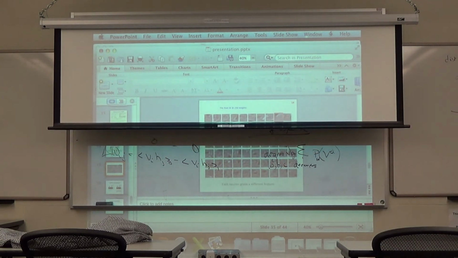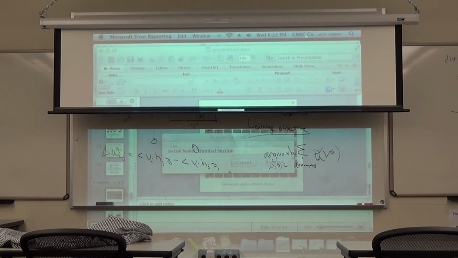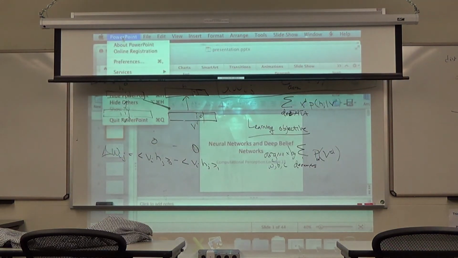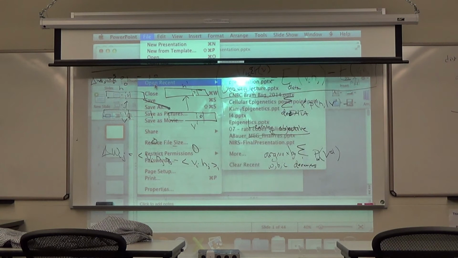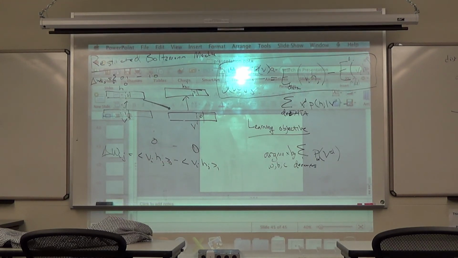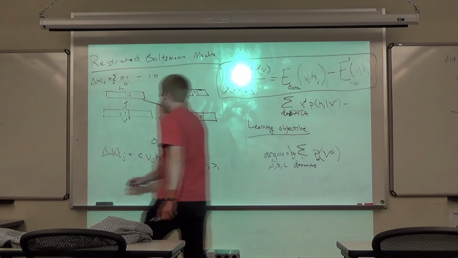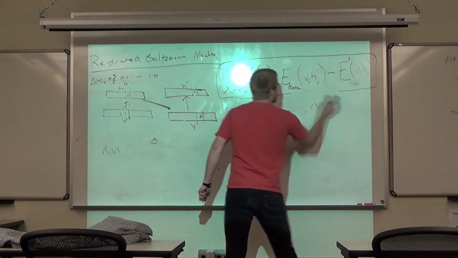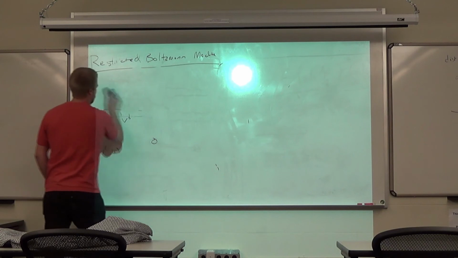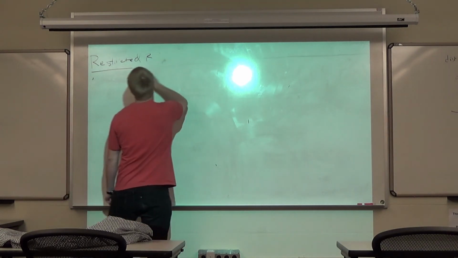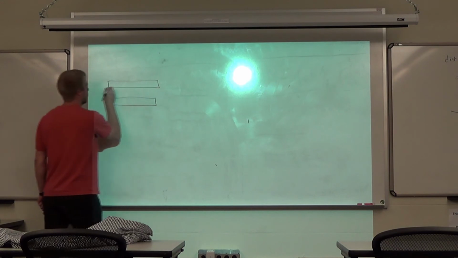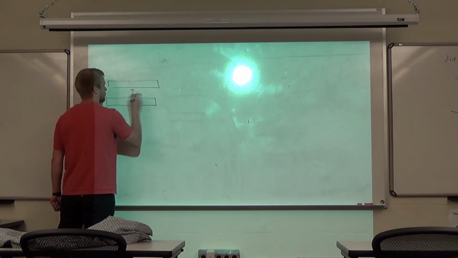Let me just make a white slide. Okay, so let's say we have one RBM that we've just learned. So here we have W1.